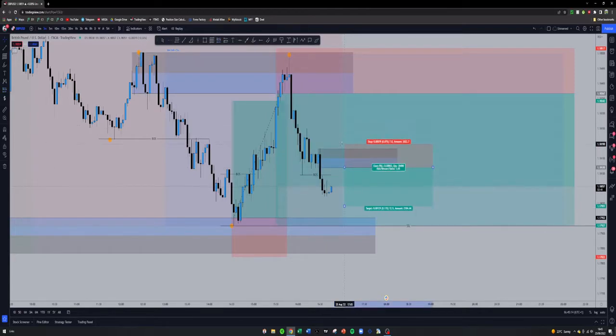Stops just above the wick outside the order block, this wick here. You'd have your stops just above that, and you'd roll your TP to here, and that would be another 2.4.